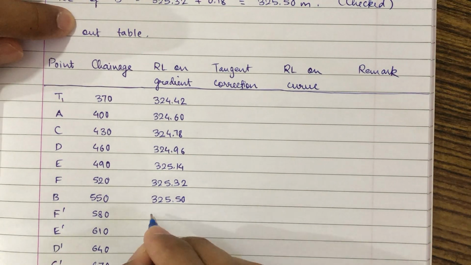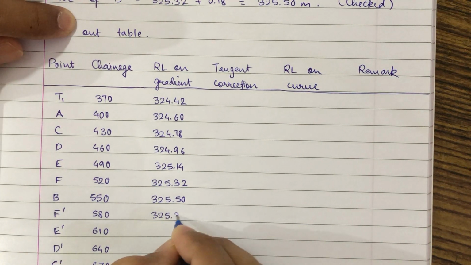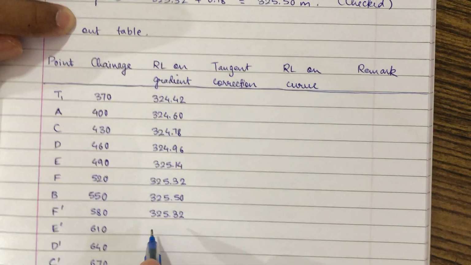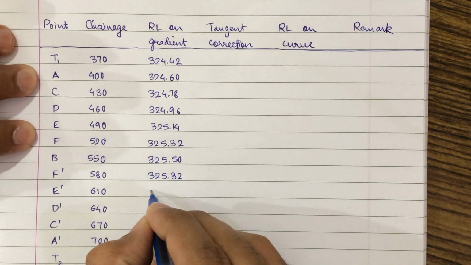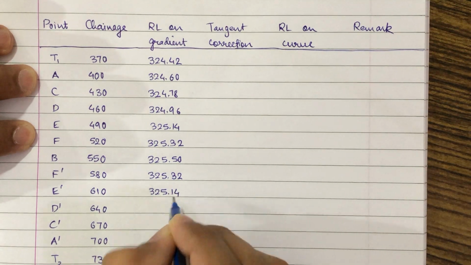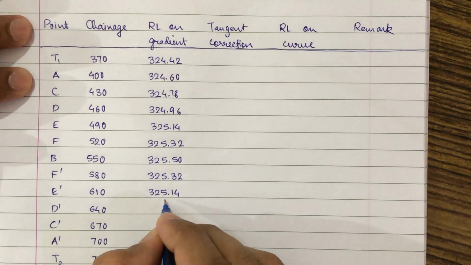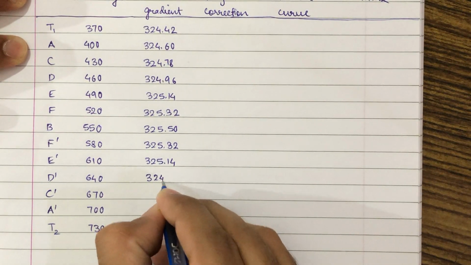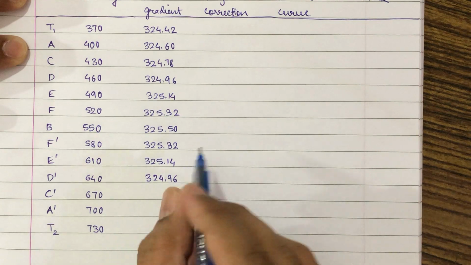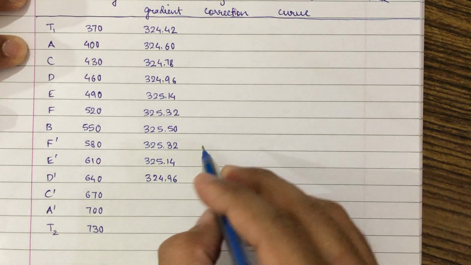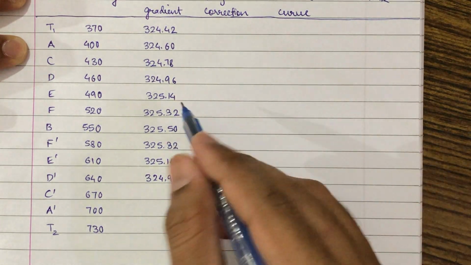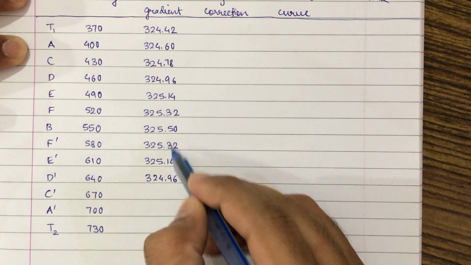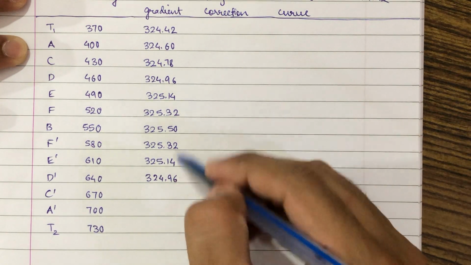So all these values will have to be subtracted by 0.18. RL at F dash will be 325.32. At E dash, 325.32 minus 0.18 comes out to 325.14. Then 325.14 minus 0.18 will be 324.96. If you observe, these values are going again in the same order: 325, then 325.32, then 325.14, then 324.96.